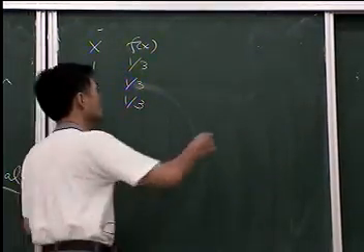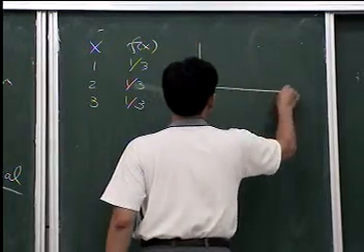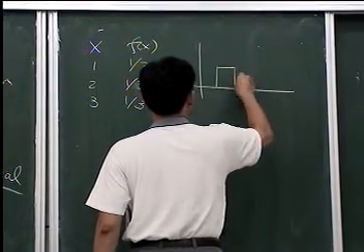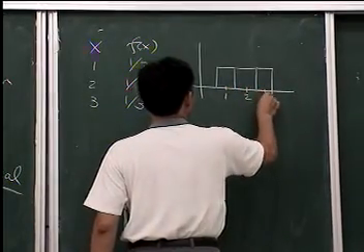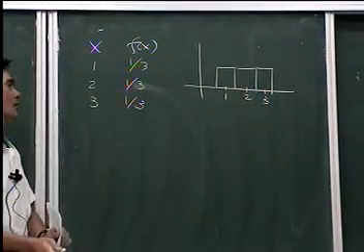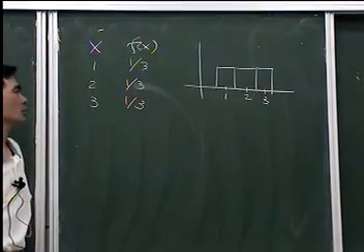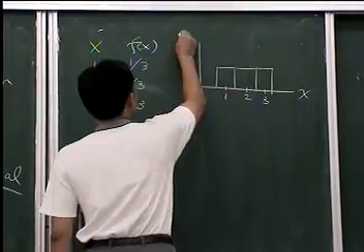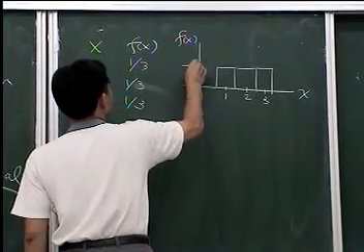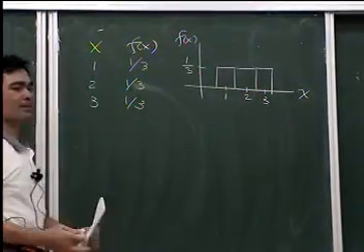So in terms of diagram, we know it's like this. Right? So the probability distribution, if we draw a diagram, is something like this. This is x, this is f of x, and this is 1/3, okay?